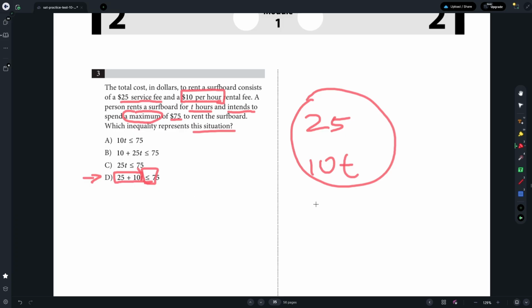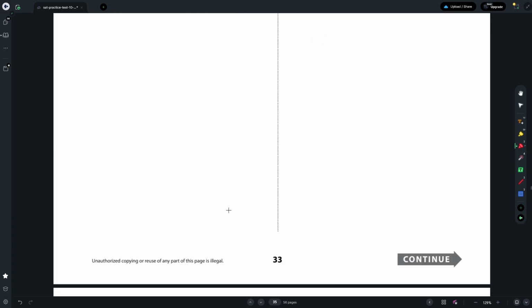Some common terms for these kinds of questions would be maximum, which is less than, and minimum, which is greater than. You want to make sure you get the symbol right. So the correct answer is D.